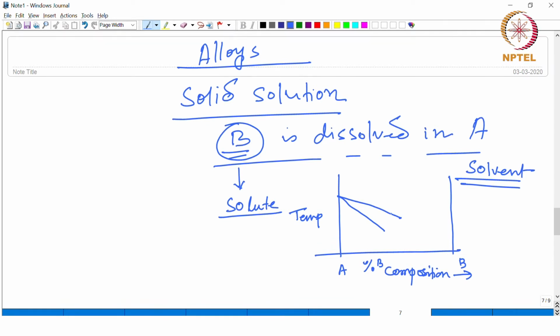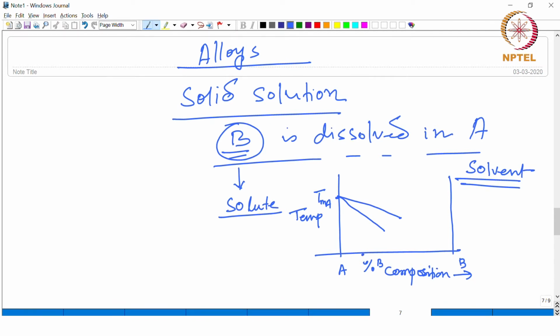So, now from this point of view, if you see from the equilibrium phase diagram point of view, you will see that the melting point of the pure metal which is here. So, that is T m for the metal A, right. That is going to be different for an alloy of a given composition.